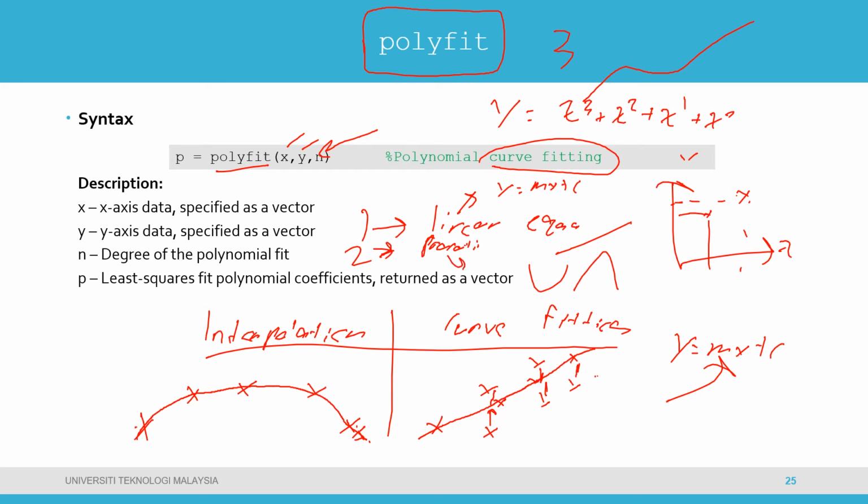Parabolic is y equals x squared plus x plus c. Basically you look at the highest order. The linear equation is 1, parabolic is 2. So this is the polynomial degree of fit. You just put either 1, 2, 3, 4 and so on. So that is how you use polyfit.